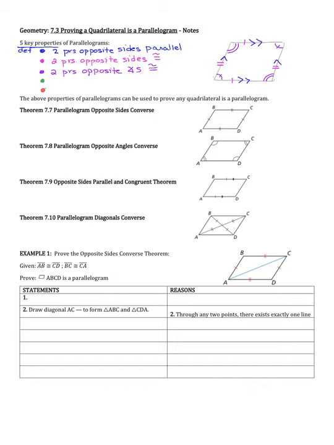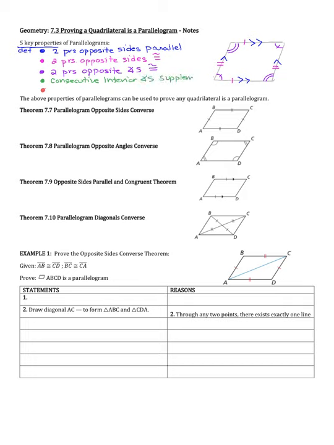All right. Then what do we have? We then have that 2 pairs of consecutive interior angles are supplementary. This one is kind of just a subset of the fact that you have parallel lines. But it means that you have consecutive interior angles are supplementary.